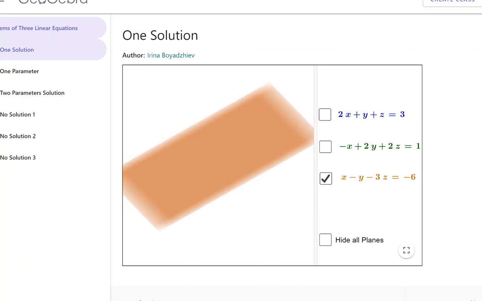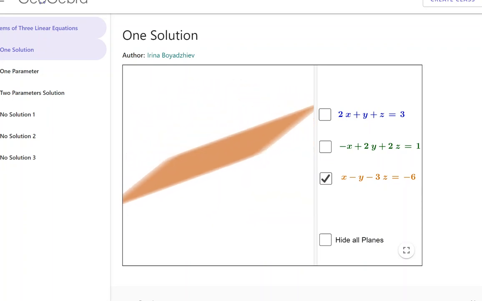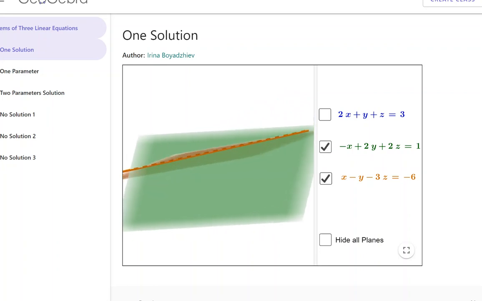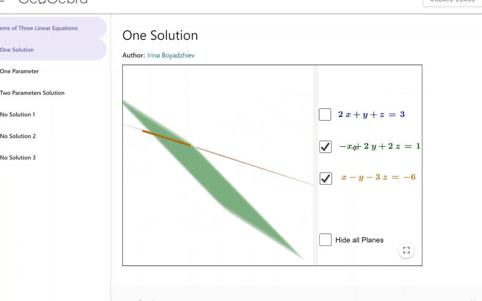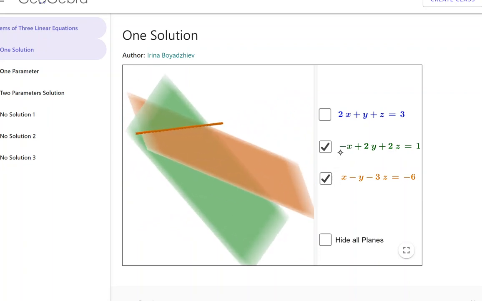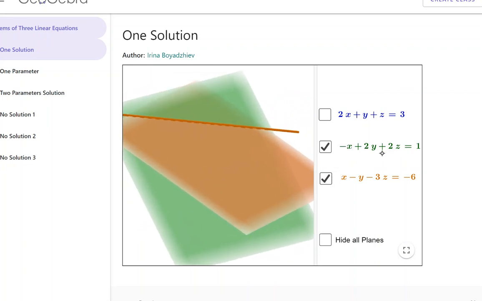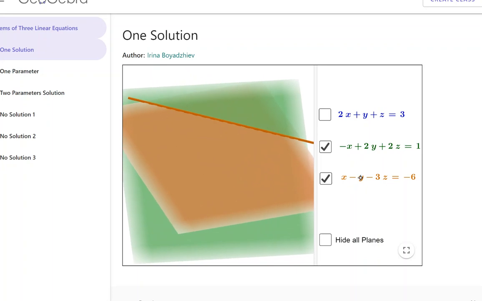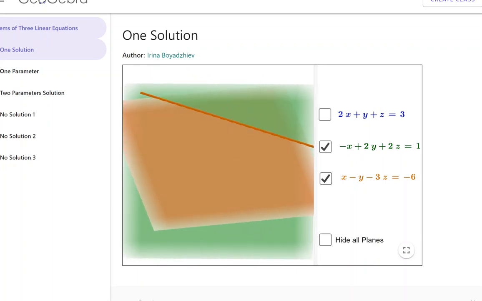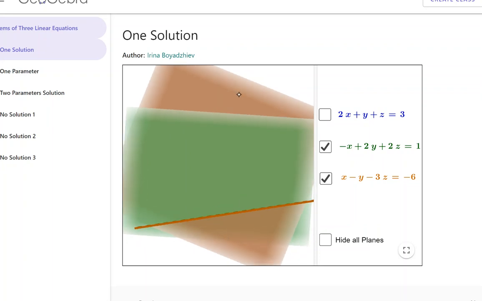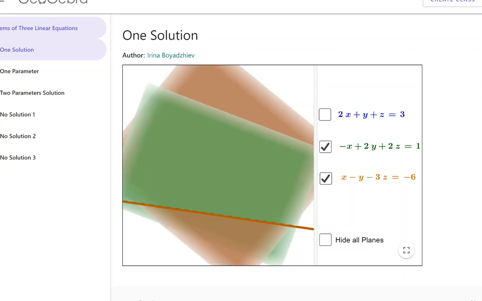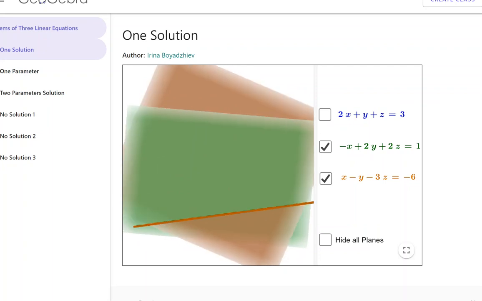And every time we add an additional linear equation, we add another plane. So for instance, if I had a system of two three-variable equations, -x plus 2y plus 2z equals 1, and then this equation, you can see how whenever we manipulate the planes, they cross at a certain point, and specifically the way these planes cross is they cross in a line.